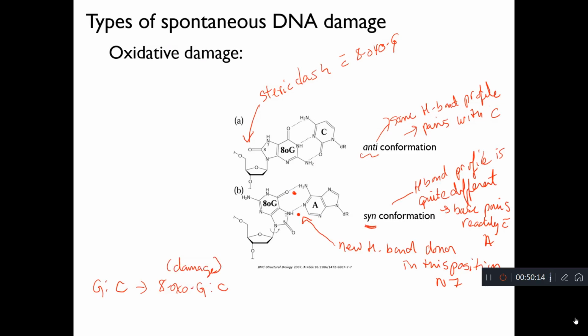When this becomes replicated, so replication occurs, there's the potential of 8-oxo-G pairing with A. Okay, so it has a high frequency to do this, and this now becomes mutagenesis.